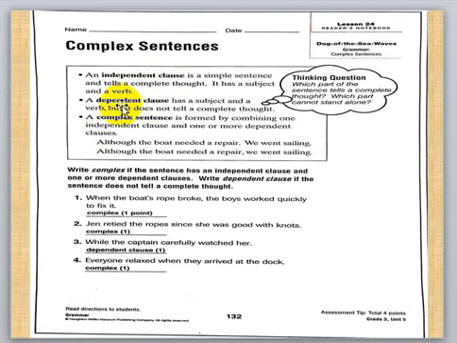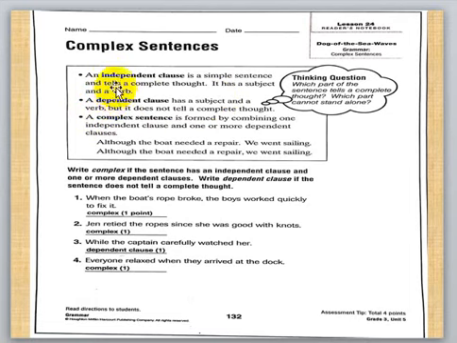A dependent clause. Dependent means it depends on another thing to be understood. Again, a dependent clause has a subject and a verb. You will ask me, Mister, an independent clause also has a subject and a verb. Why do you say that a dependent clause also has a subject and a verb? Are they equal?